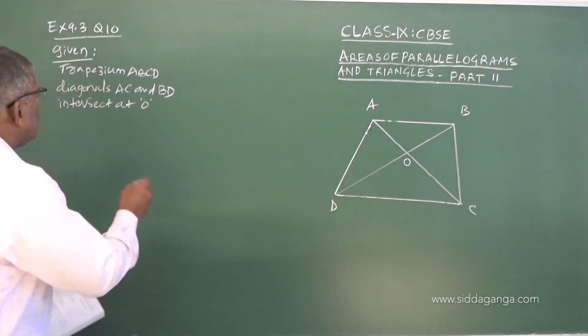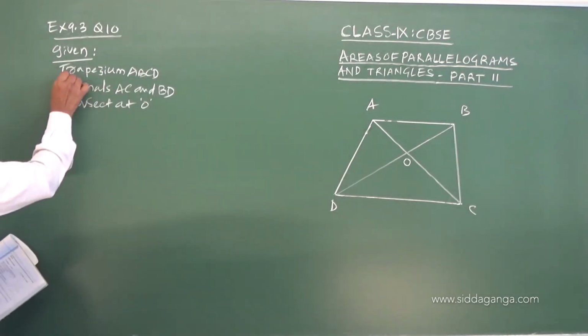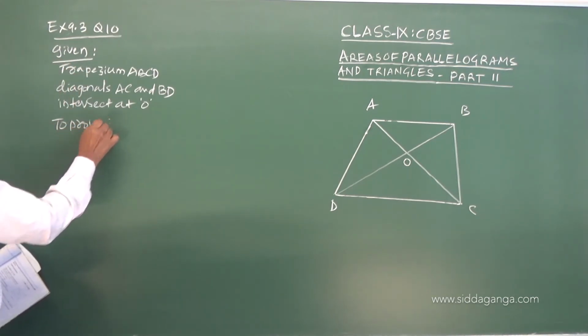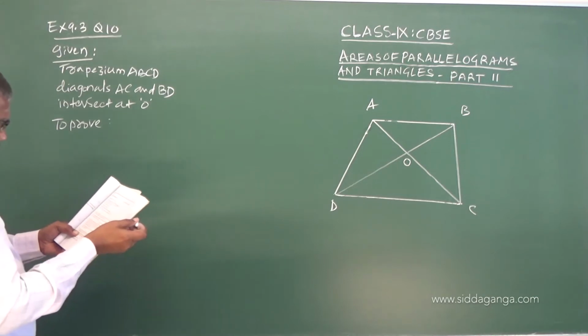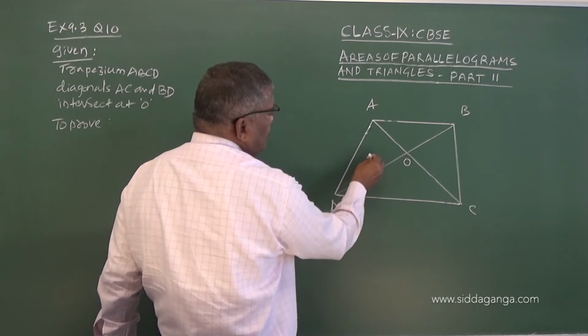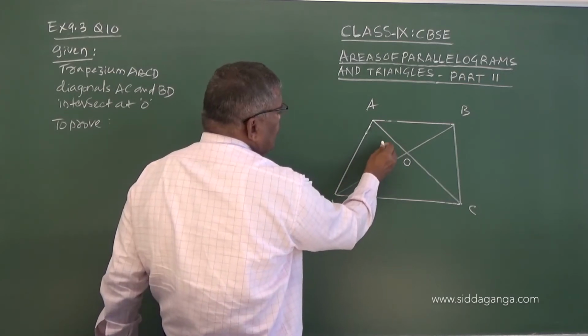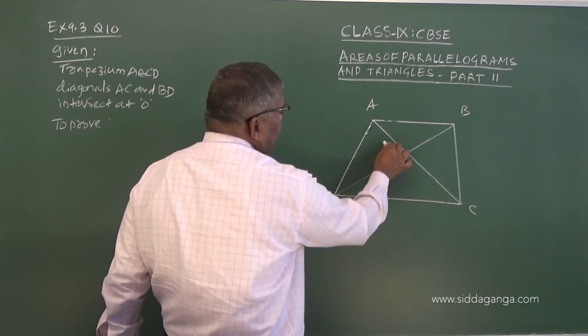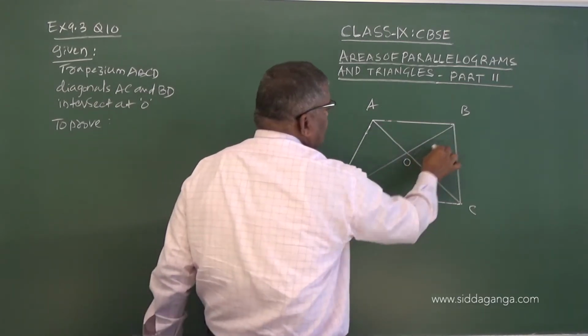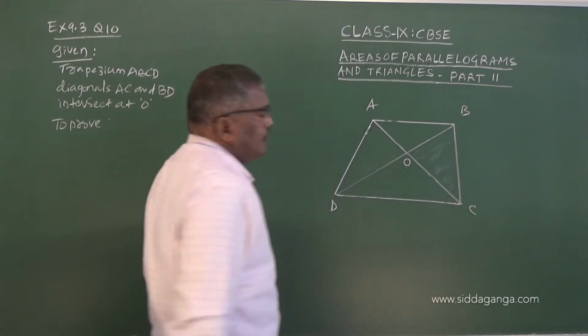We have to prove that. To prove, area AOD equals area BOC. So we have to prove that this triangle area is equal to this triangle area.